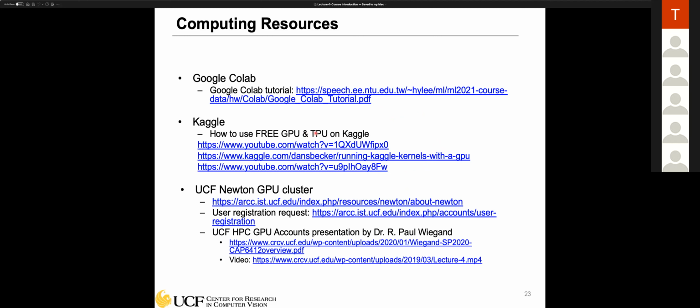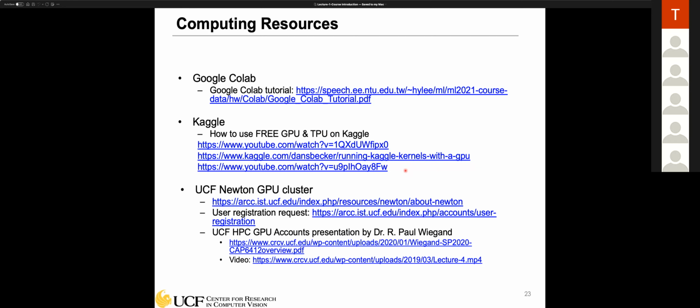Kaggle is another platform; a lot of competitions run on Kaggle. They also provide some free GPUs and TPUs, so you are able to leverage that. You can check how to set up the environment there as well, okay?